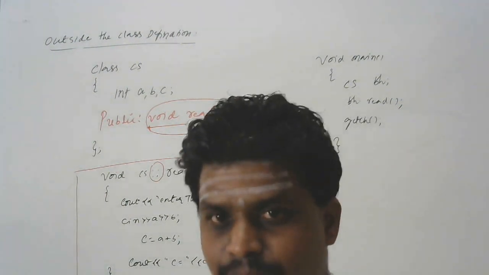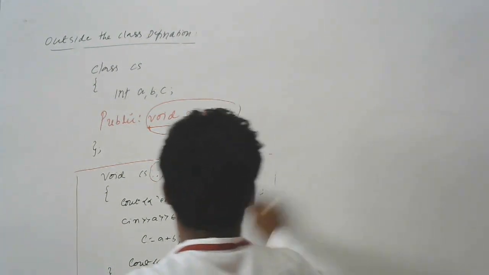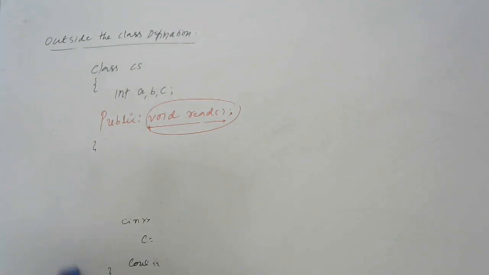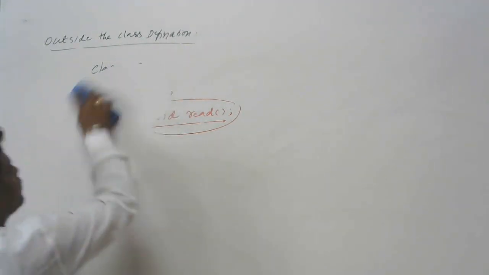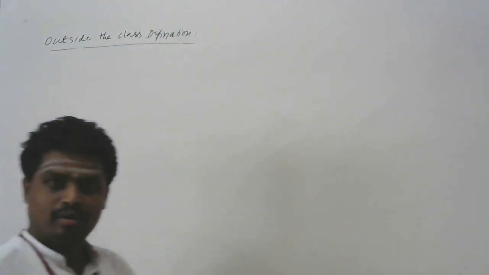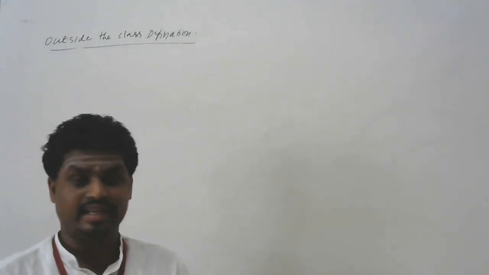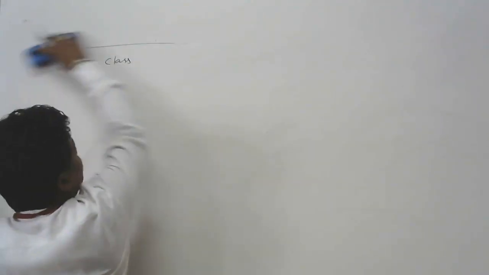Okay, we'll start. Both inside the class definition as well as outside the class definition you are defining in a single program. Same program with a different property.